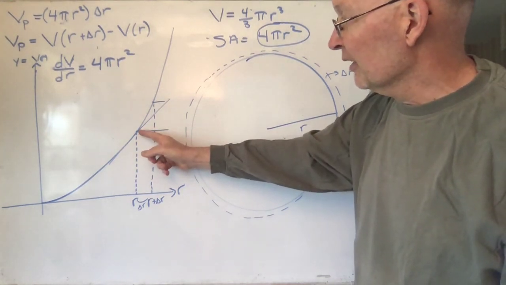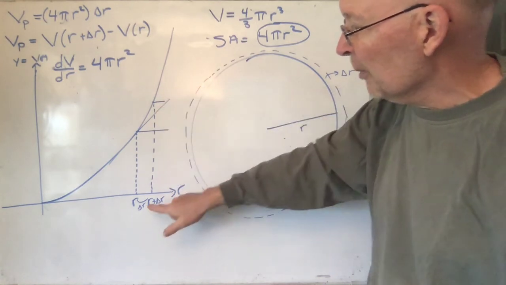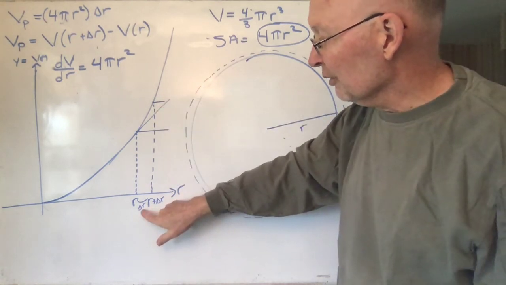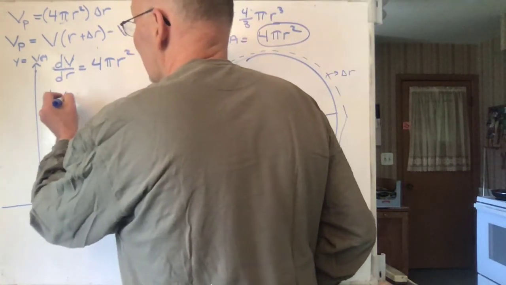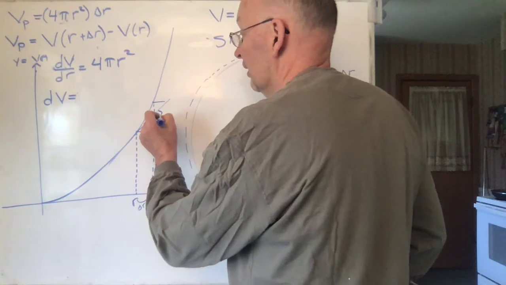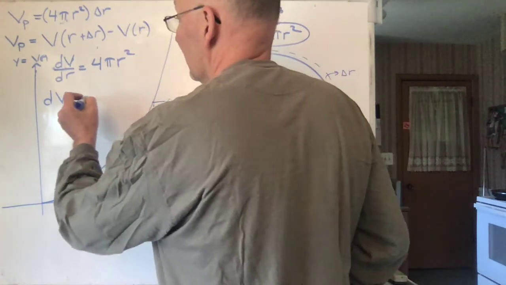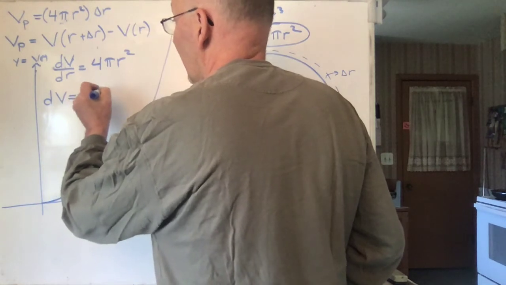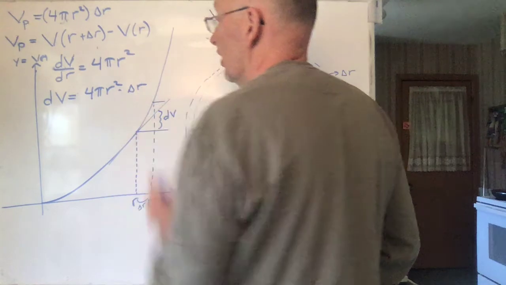How do you get this approximation? You take the derivative and you multiply it by your little delta r. So your little dV, here's your dV, is just going to be the derivative, which in this case is 4 pi r squared times delta r.